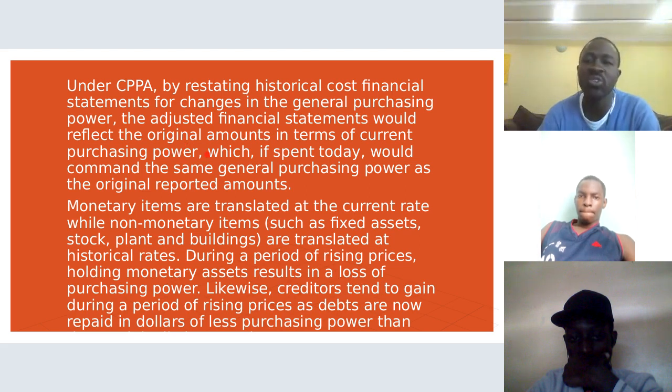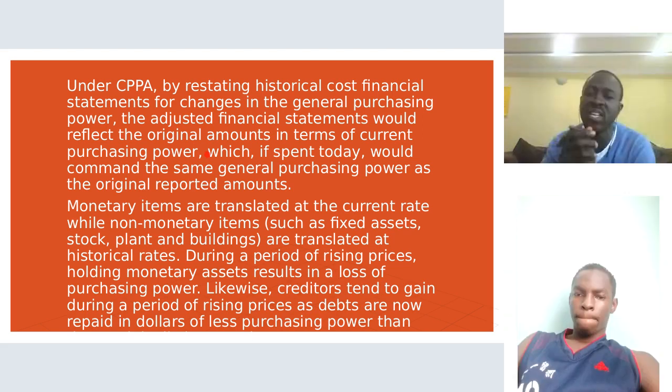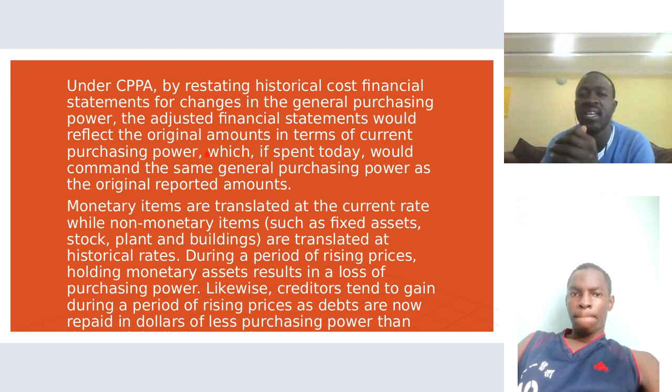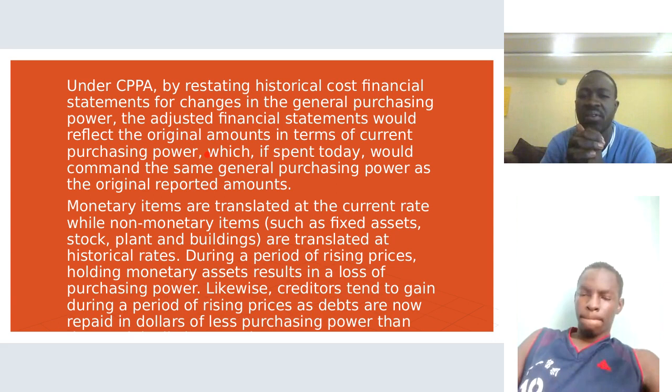In historical cost accounting, the price does not change. If you have 1,000 shillings and its value is maybe 2,000 in December, then the difference is not reflected, so they will have different values.